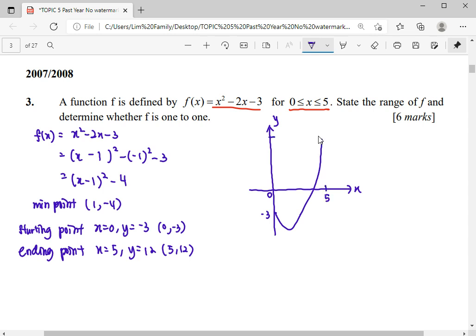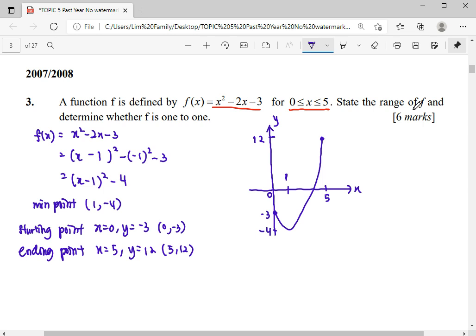The ending point here is 12. So it ends here, and it starts here. Minimum point at 1, negative 4. So after we draw this graph, then only we can see it clearly.